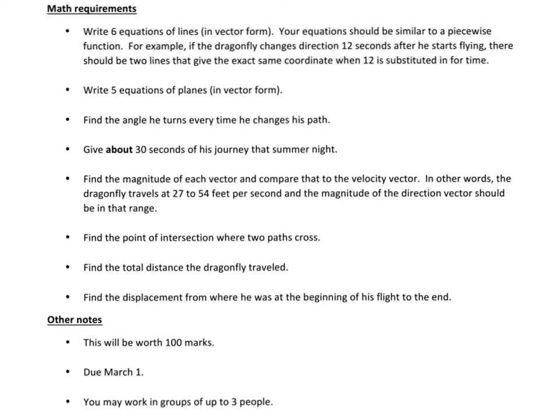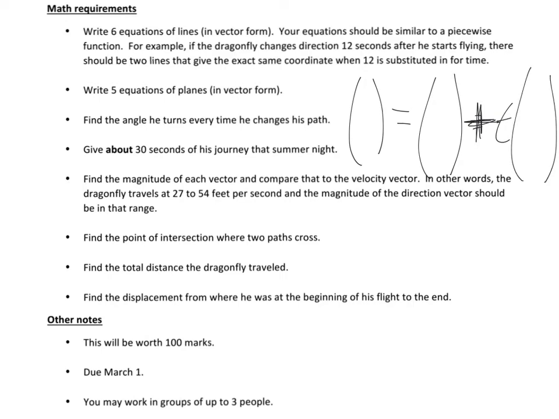If you remember, here is xyz equals your position vector, plus t times your direction vector. Pretend that is a plus sign. Here is your position vector, and then your direction vector is this part.